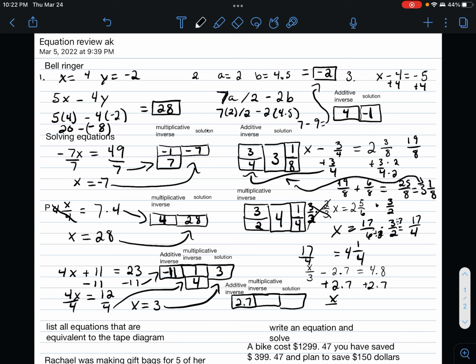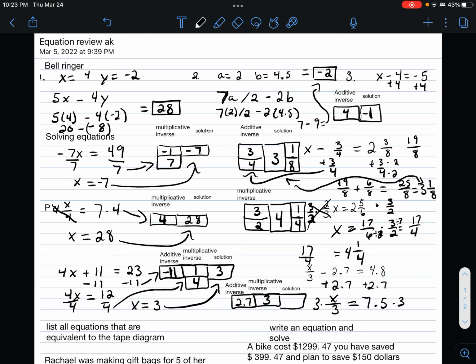Okay, that's going to give us x divided by 3 is equal to, oops, it's going to be 7.5. Okay, now to undo division of 3, you're going to multiply by 3.